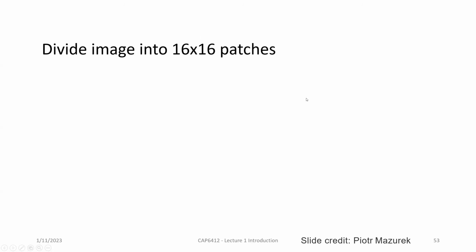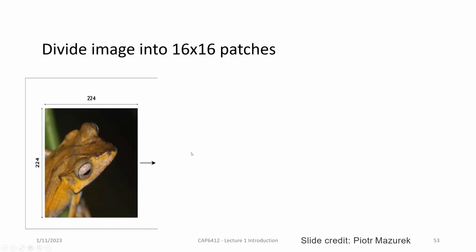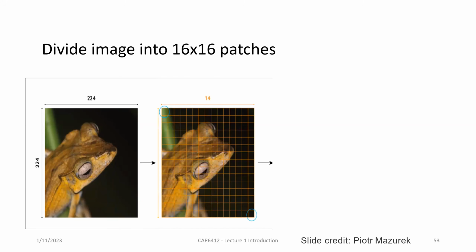So we will divide the image into 16 by 16 patches. Let's say your typical image is 224 by 224, and now it looks like this. So it'll be 14 by 14 patches. 14 multiplied by 14. Each row is 14 patches, and it'll be a total of 196 patches or tokens, and each patch is 16 by 16, and then 3 channels.